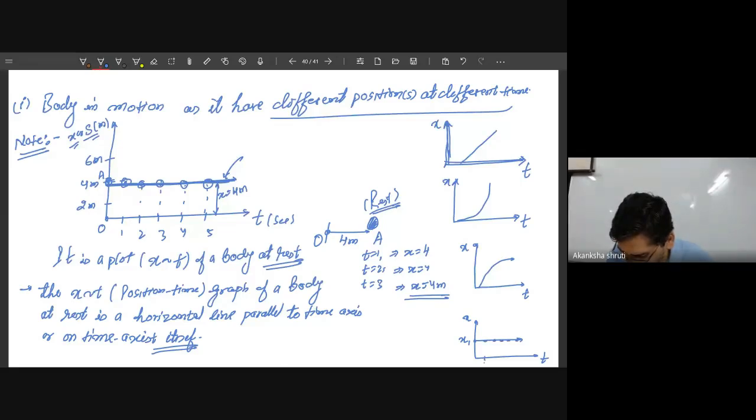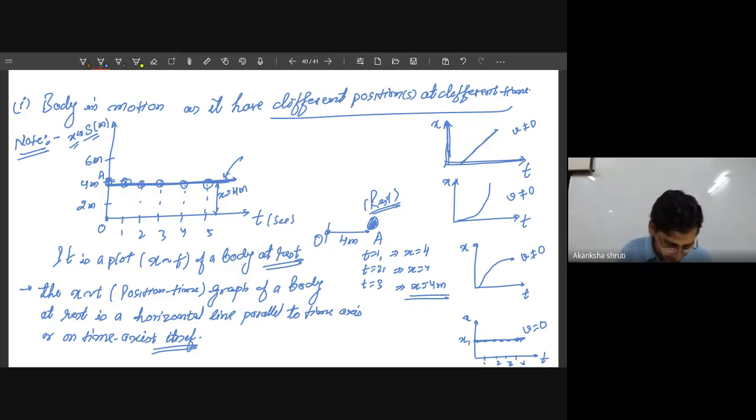So if this could be 1 second, 2 second, 3 second, 4 second, the body is not in motion. So in this case, the speed is 0, but in the other cases, speed is not equal to 0. We will say the speed in the first case is constant, but in the second and third case, the speed is not constant. That is varying. That we will see.